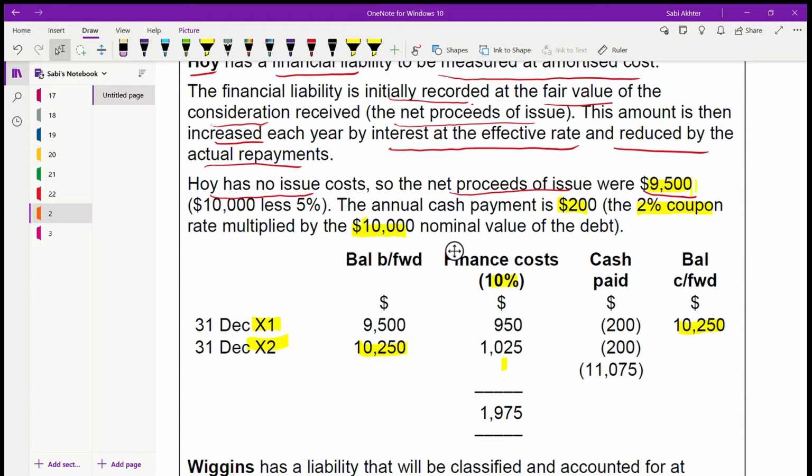We need to understand what is this 11075. Just give me a minute. Okay, it is this amount only: 1050 plus 1025 minus 200.